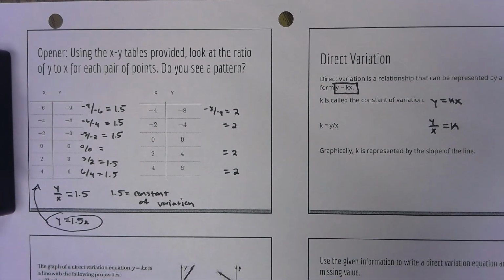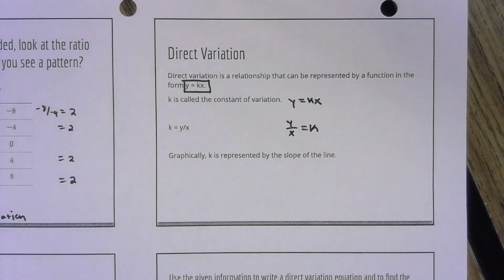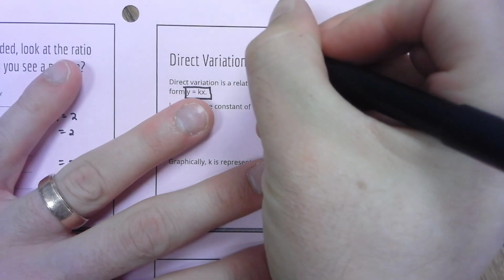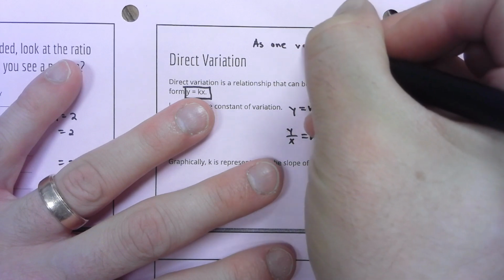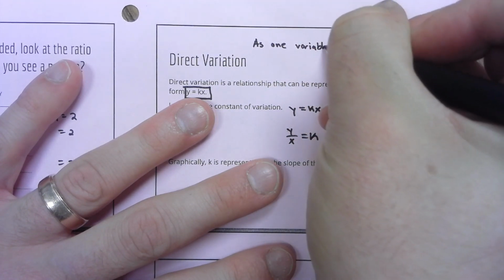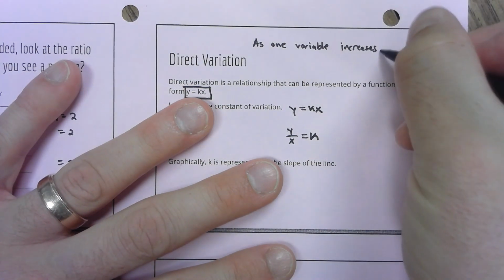All right, so one last thing that I want to touch on here, direct variation. Basically, like the definition, if you were to look it up, that is not necessarily mathematical, is that as one variable gets bigger, or as one variable increases, so does the other.